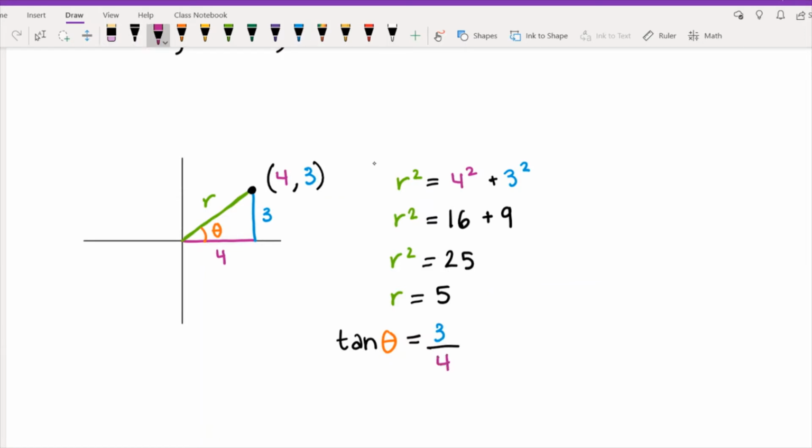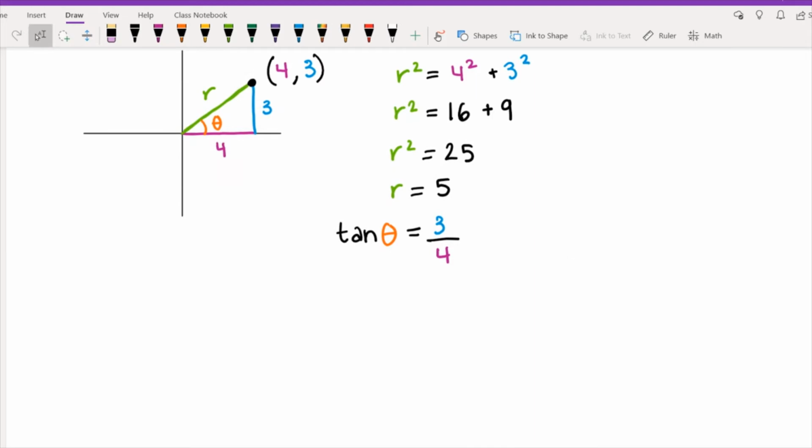And so another way of saying that is that theta is going to be equal to inverse tangent of 3 over 4. So if you type that into a calculator, and in radians mode, we'll typically be using radians.